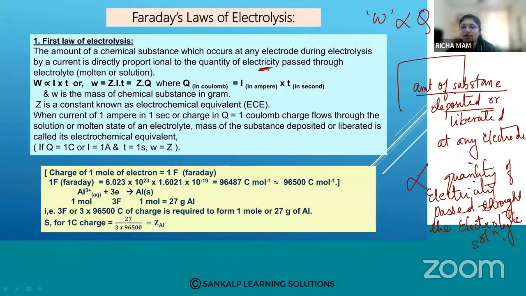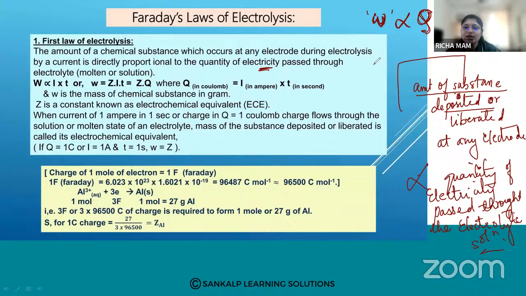So the amount of substance deposited or liberated at any electrode is directly proportional to the quantity of electricity passed through the electrolytic solution. W represents the grams of substance liberated, and it is directly proportional to Q, the coulomb of electricity.